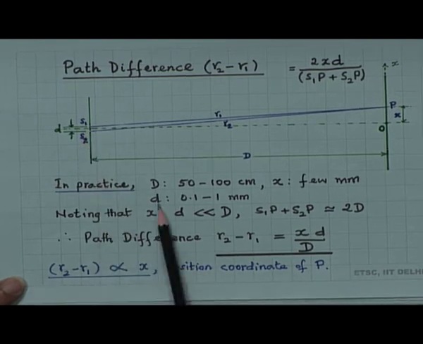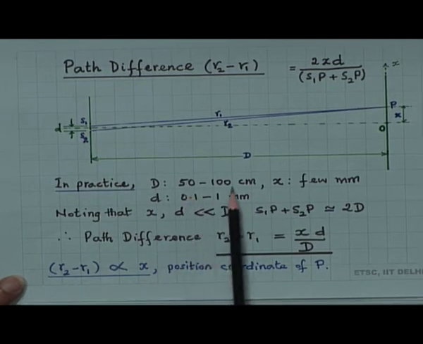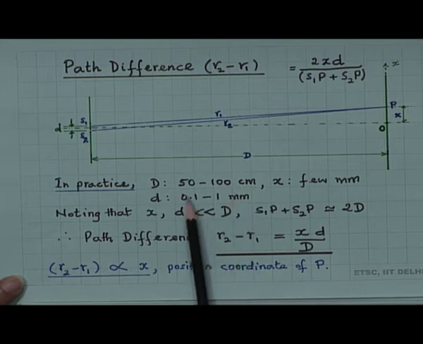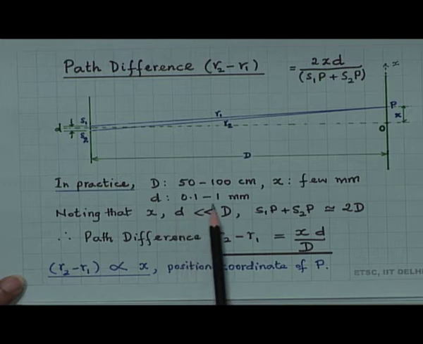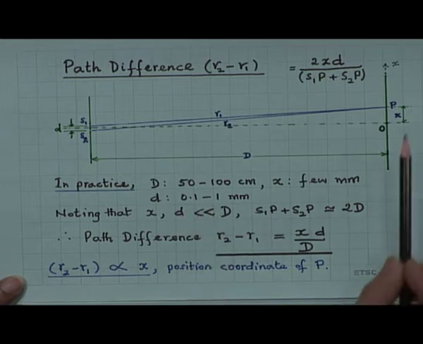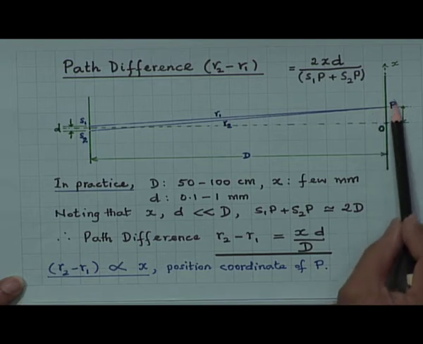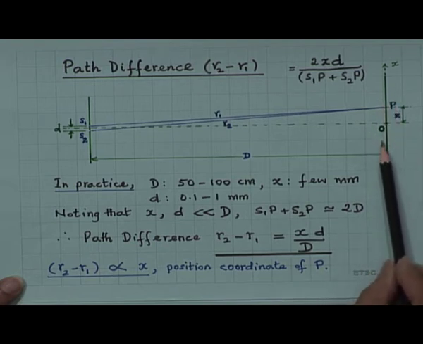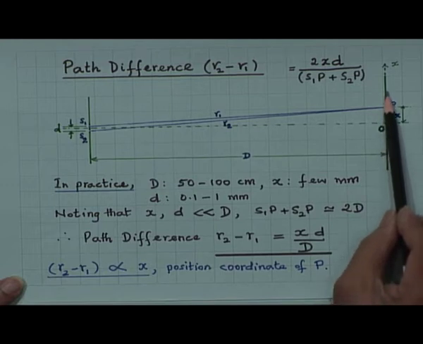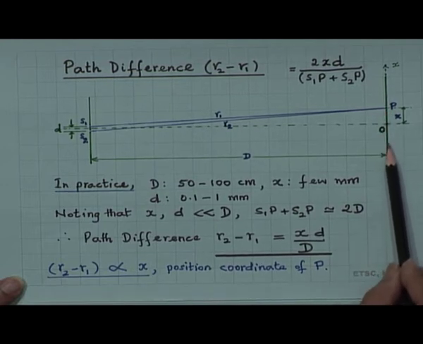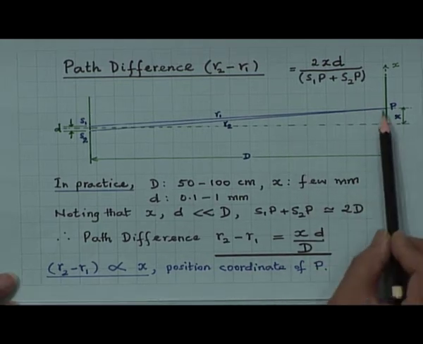So, the separation d is very small, and D is much larger, 500 to 1000 millimeter. The screen on which we see the fringes is typically a few millimeters to a few centimeter distance only where the fringes are formed, for various reasons as we will discuss a little later.